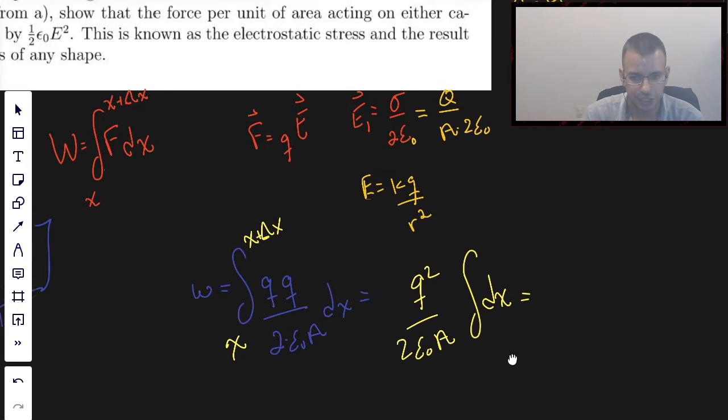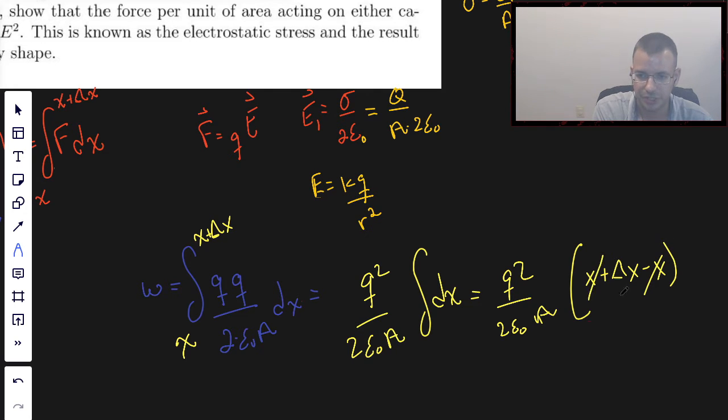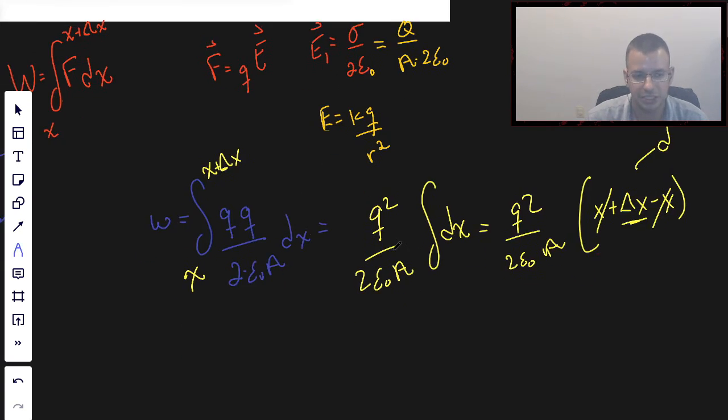When we do this, we get q squared over 2 epsilon naught A times x plus delta x minus x. The x's cancel, and we're just left with delta x. This delta x is the same as d, the separation between the two plates. And so work, which is force times distance.